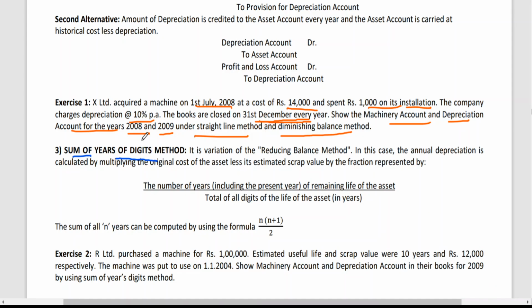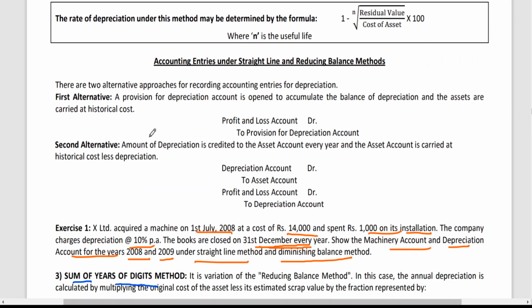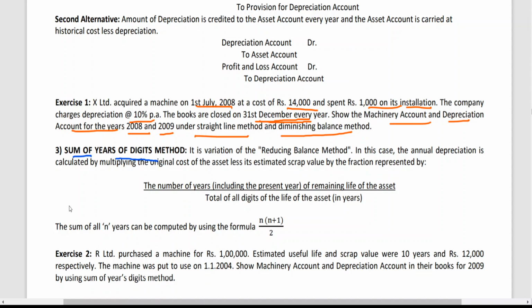Today we will be learning the next method. The second method has been completed. Now in today's class we will be taking up the sum of years digits method. The sum of years digits method is a variation of the reducing balance method.